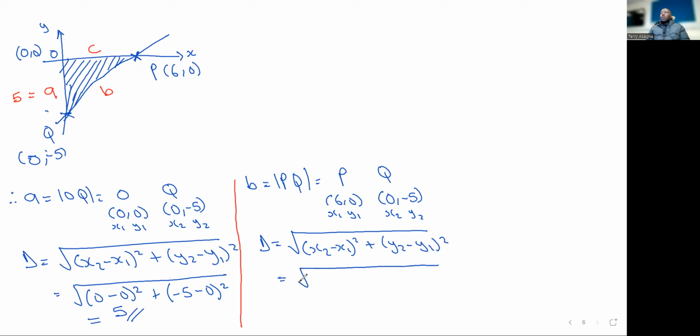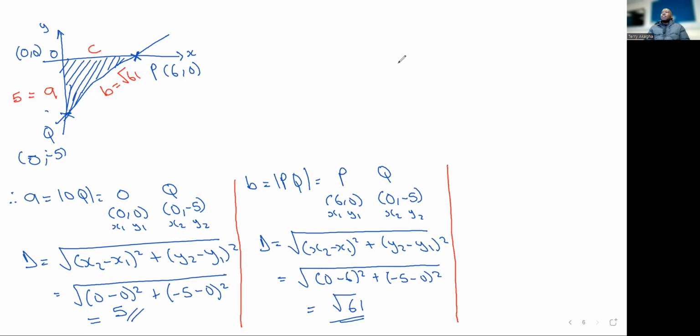So it will be the square root of x2 is 0 minus x1 is 6 all squared plus y2 is minus 5 minus y1 is 0 all squared. And when you put this in your calculator, that should give you square root of 61. So that means our B is equal to square root of 61.